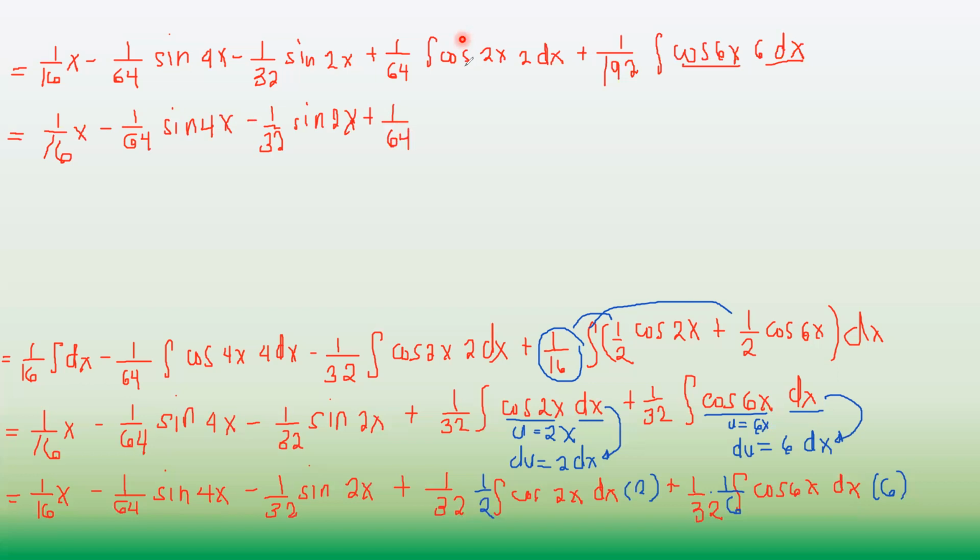Okay. Cosine u du is sine u. Kaya sine u ito. Ang pinaka-u mo dyan ay 2x. So we have sine 2x plus 1 over 192. 1 over 192 is also cosine u du equal kay sine u. Kaya sine u or sine 6x kasi ang u mo dyan ay 6x, plus c sa pinakadulo natin.